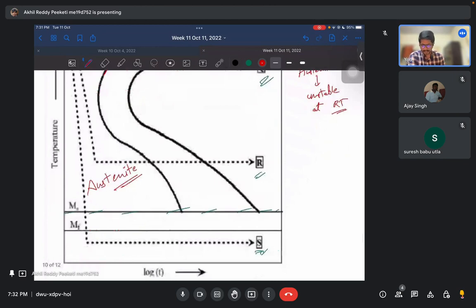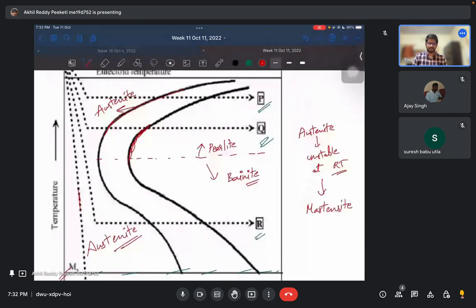Okay. And to the right of this, above the slope you have pearlite and below you have bainite. Pearlite and bainite are stable.